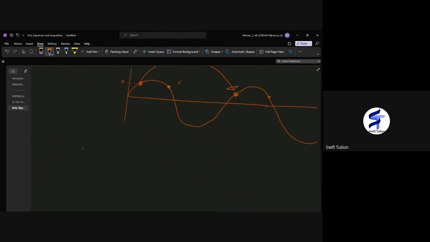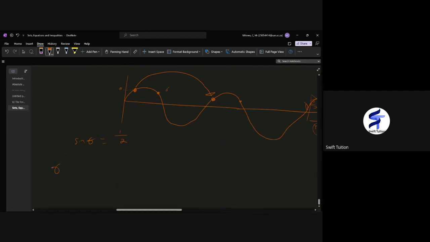So if I were to say sine of theta is equal to, let's say, a half, how do I write this? I would say theta is equal to, and let me deal with it in terms of degrees. So shift sine of a half. Of course, I'm just using a calculator, but you have to use your special triangles. We know that the first reference angle, the easiest one, is going to be 30 degrees, right?